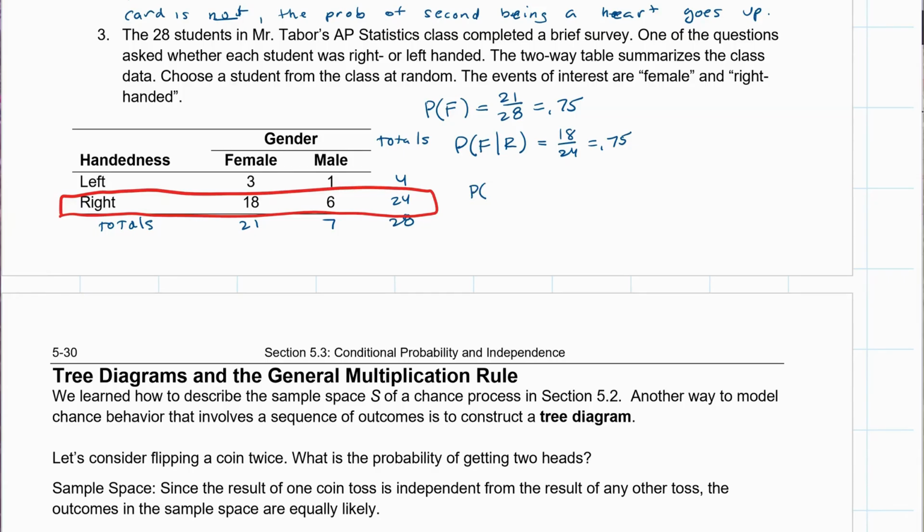And so because the probability of being female and the probability of being female given that you're right-handed are the same, that means the two events are independent. All right.